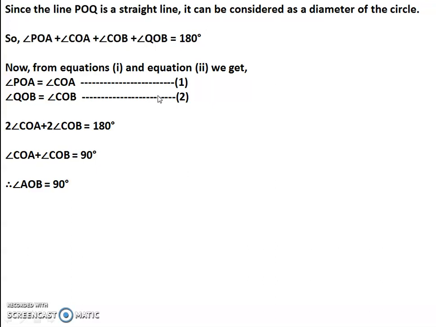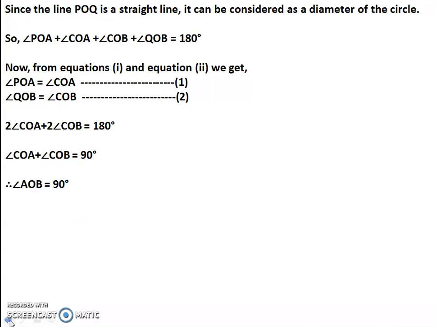Using equations 1 and 2, instead of POA, you can write COA itself. So, 2 angle COA plus 2 into angle COB equal to 180 degree. Taking 2 common, 180 divided by 2 is 90 degree. So, angle COA plus angle COB equal to 90 degree.